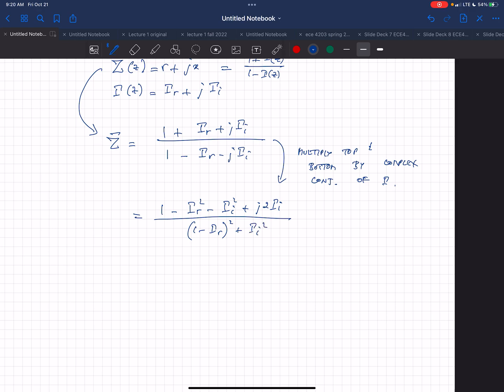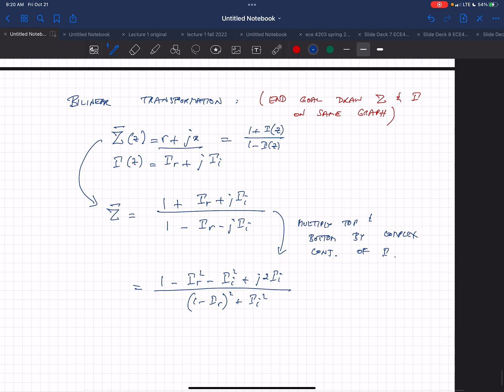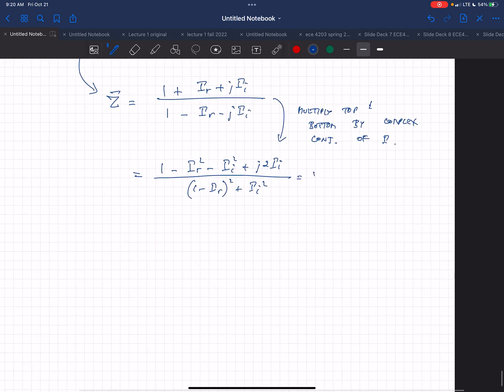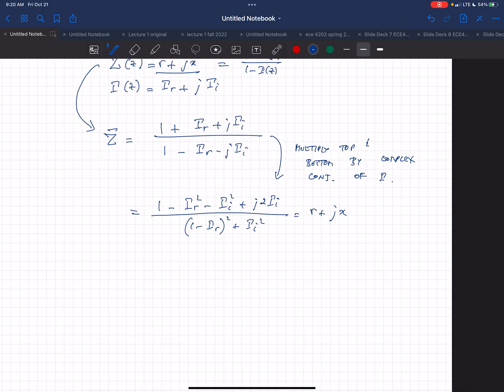And this is equal to R plus jX. So this is the real part of impedance, and this is the imaginary part of impedance, related to the real and imaginary parts of the reflection coefficient using this equation.